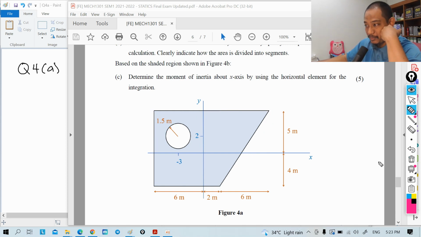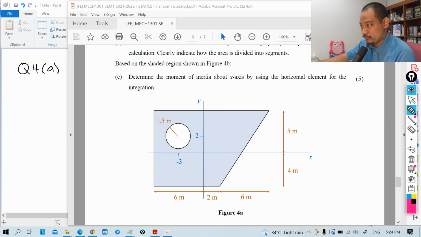You can try, but of course in the final exam I have to choose one, and my preference is normally to divide it as such. That's generally my preference, because either way the calculation step is the same, but the other one you have to subtract. Normally I prefer what is visible, so add and minus in the whole. Either way you can try, the answer will be the same anyway.